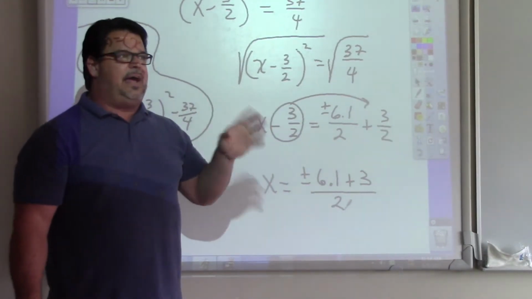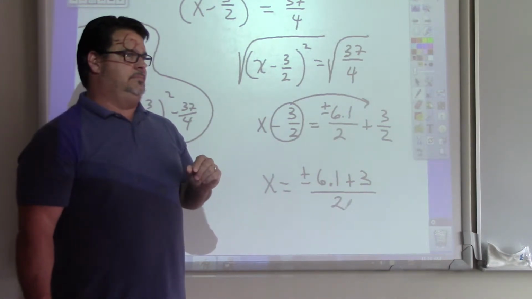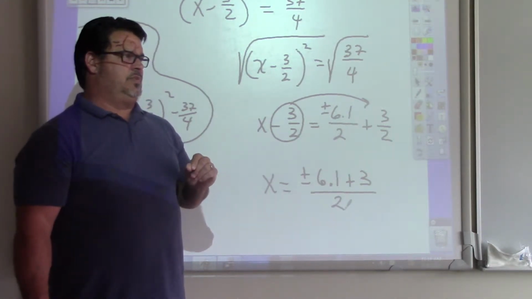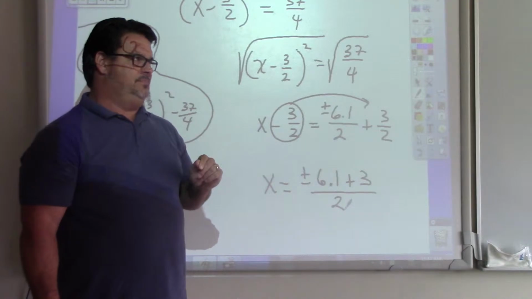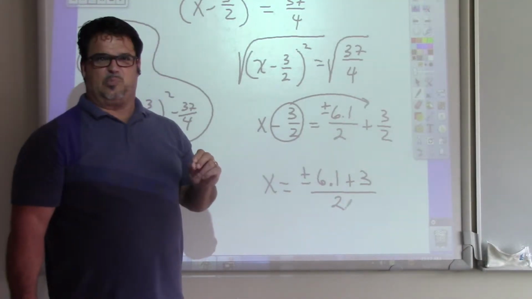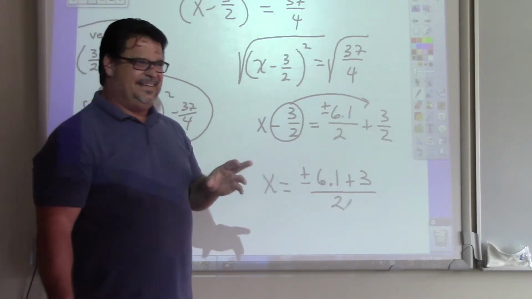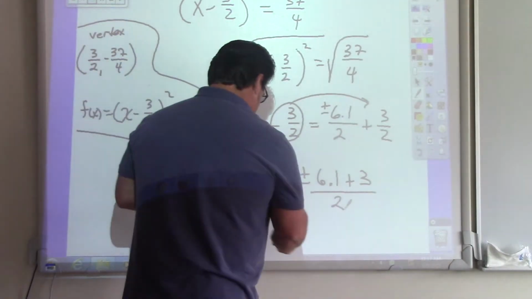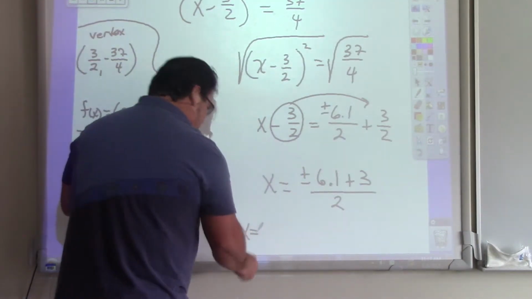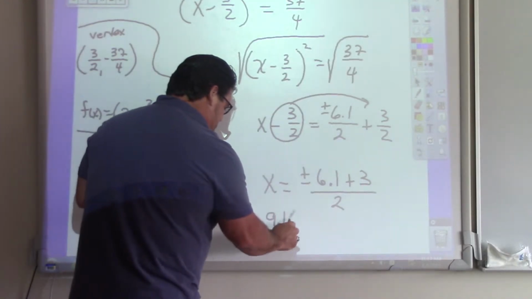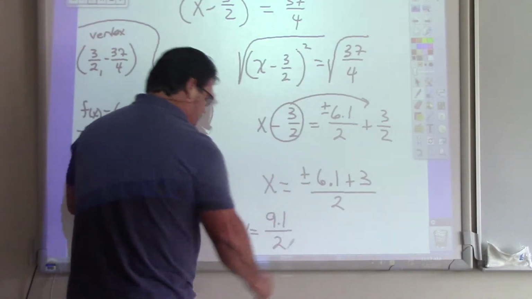Now, what's half of 9.10? 4.55. Okay, y'all got it? Sure. Okay. x is equal to 9.10 divided by 2.